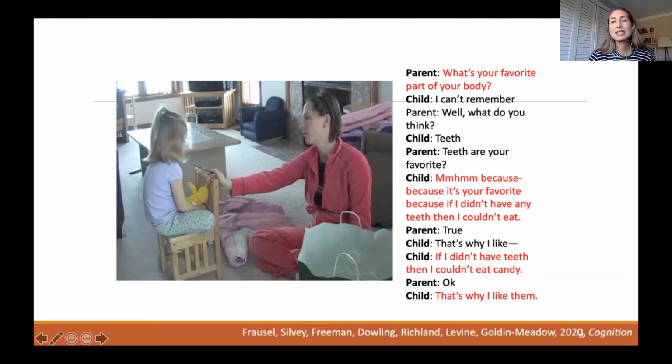Okay, so this is not deep world-shifting relational thinking, right? But what we see is comparative talk, taking parts of the body, one compared to others, and there's an if-then relation being set up. This child has this really nice "if I didn't have teeth, then I couldn't eat candy," right?